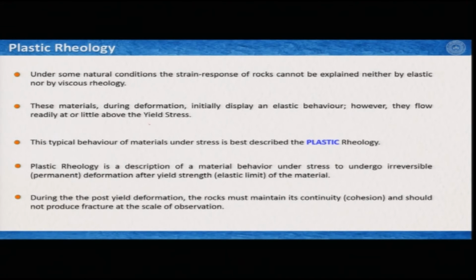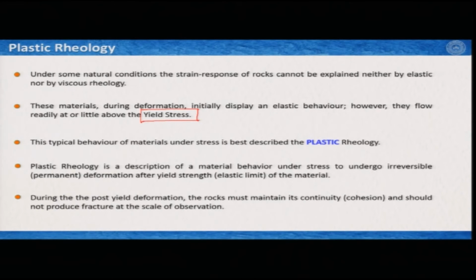Now, this is a new term we are learning, yield stress. We will learn more about it later, but for the time being you just know yield stress as a typical value of stress in deforming a material, or you can consider it as a threshold stress. So, for the time being you just remember that.